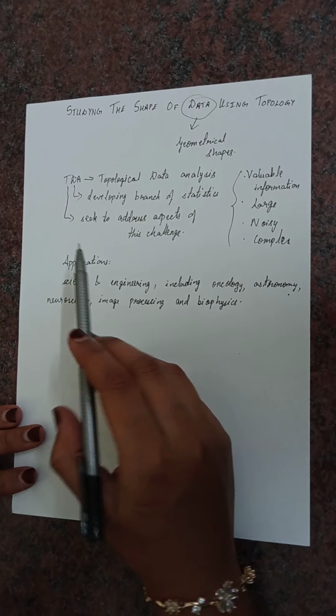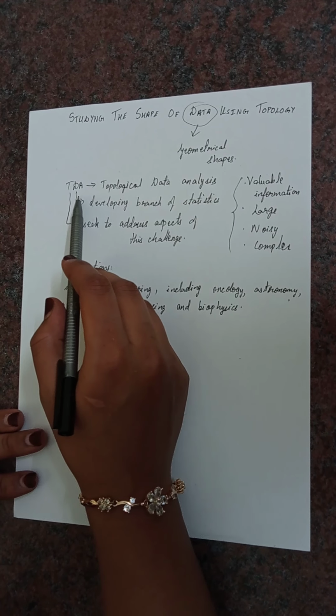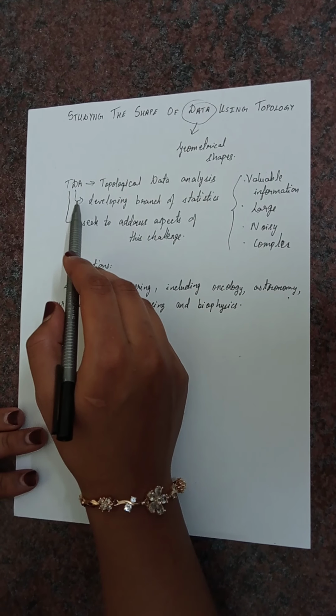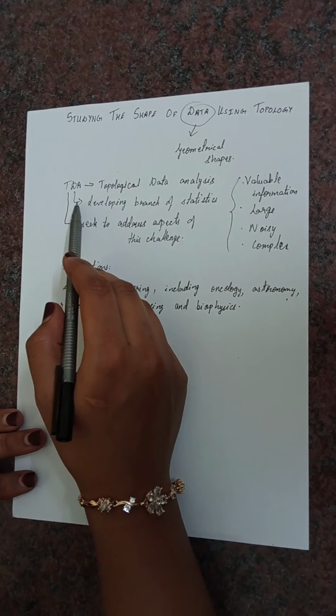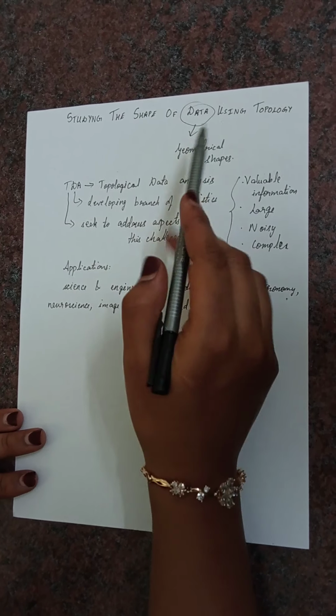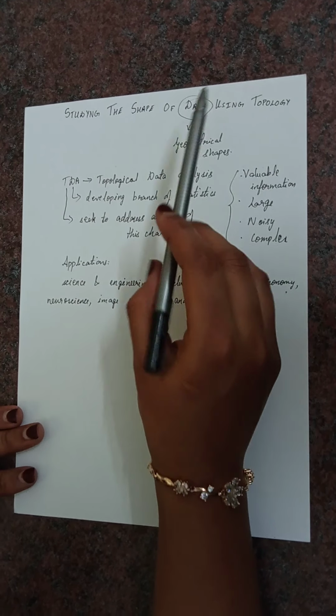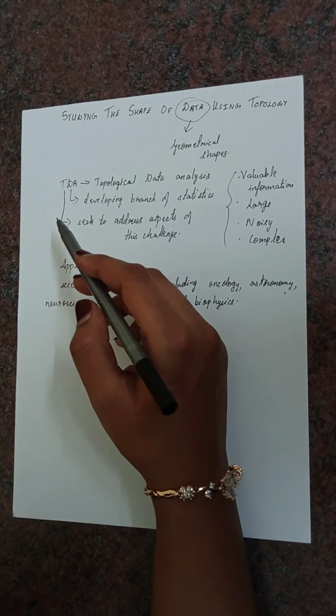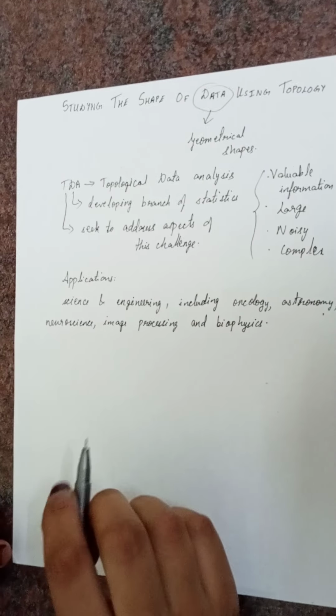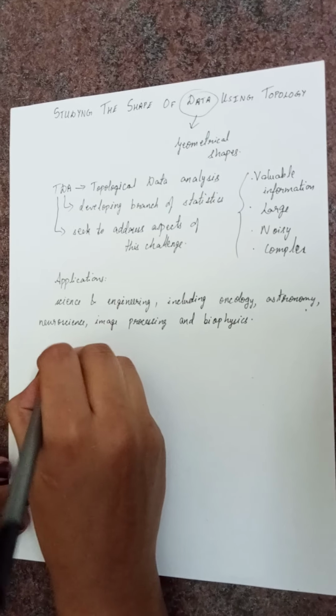So now the basic goal of TDA is to apply topology, one of the major branches of mathematics, to develop tools for studying geometric features of the data. Now in this we'll be studying the geometric features of data.